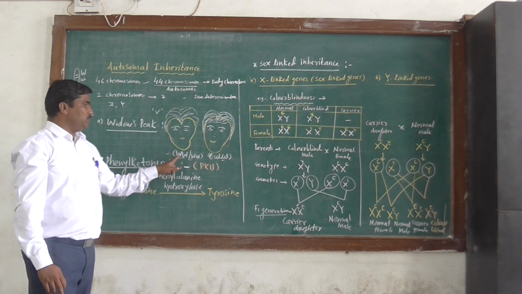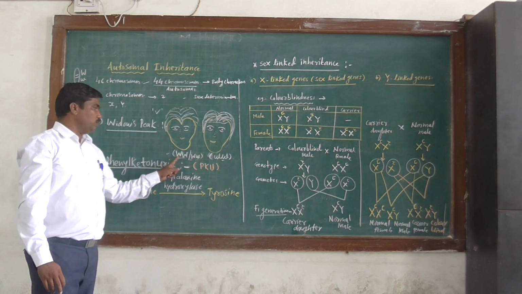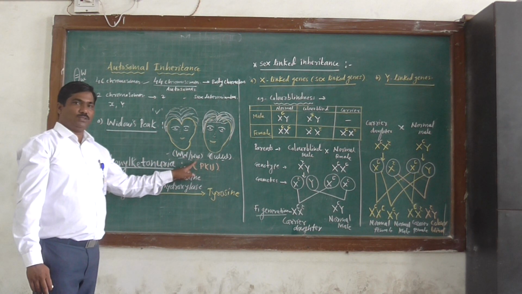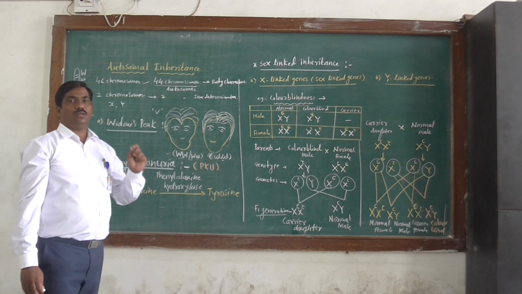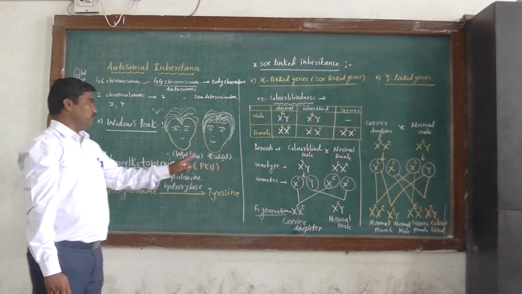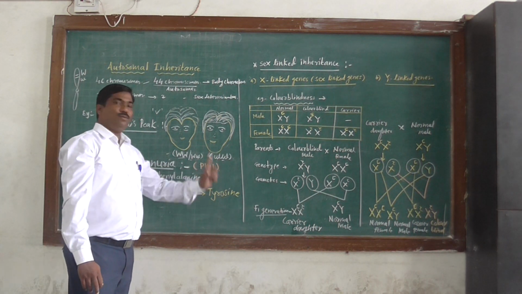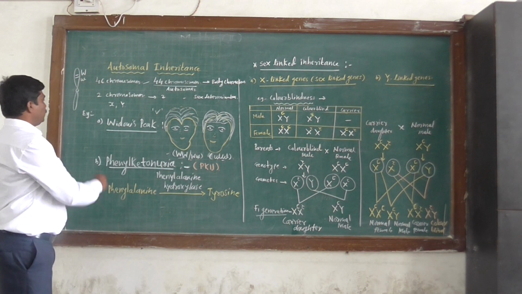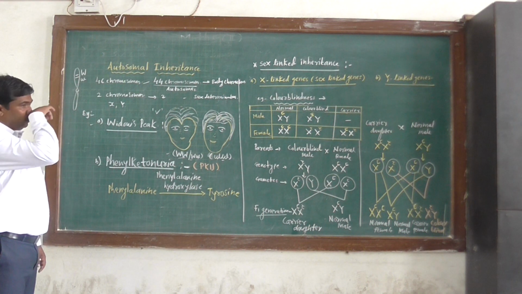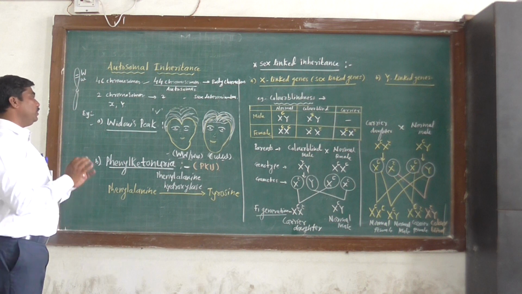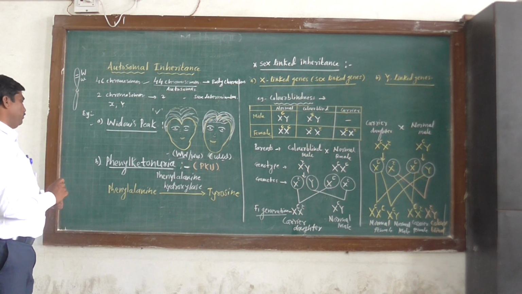Widow's peak occurs in homozygous dominant or heterozygous individuals, and a straight hairline occurs due to the recessive alleles, small w. So widow's peak is a good example of autosomal dominant inheritance.